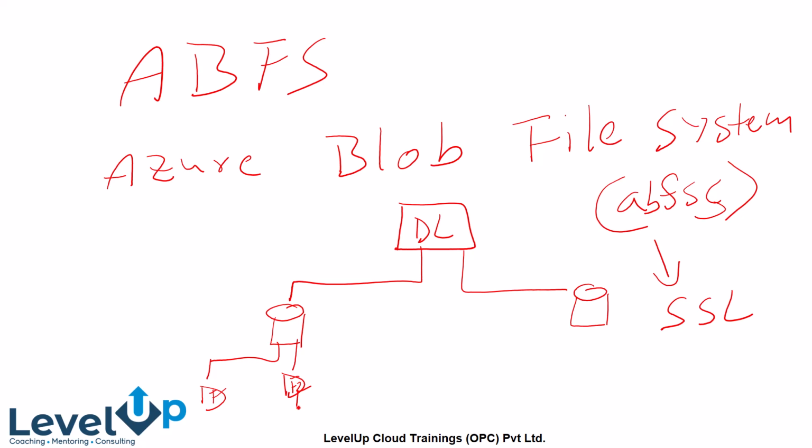Inside this folder I can have a text file, and I can have another folder as well. So a data lake brings a hierarchical architecture where you can store your files and organize your data better. That is one of the features of a data lake.